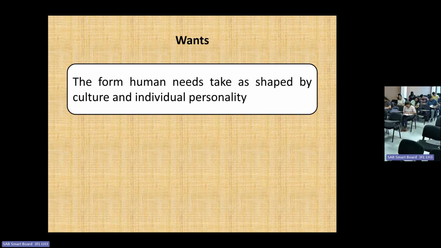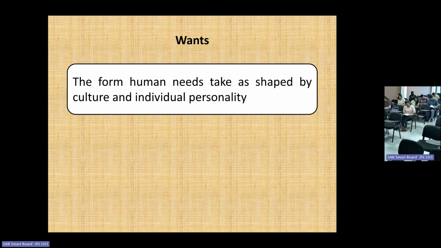Since we are Sri Lankans, the want is a different way of fulfilling the need. It is shaped by the culture.